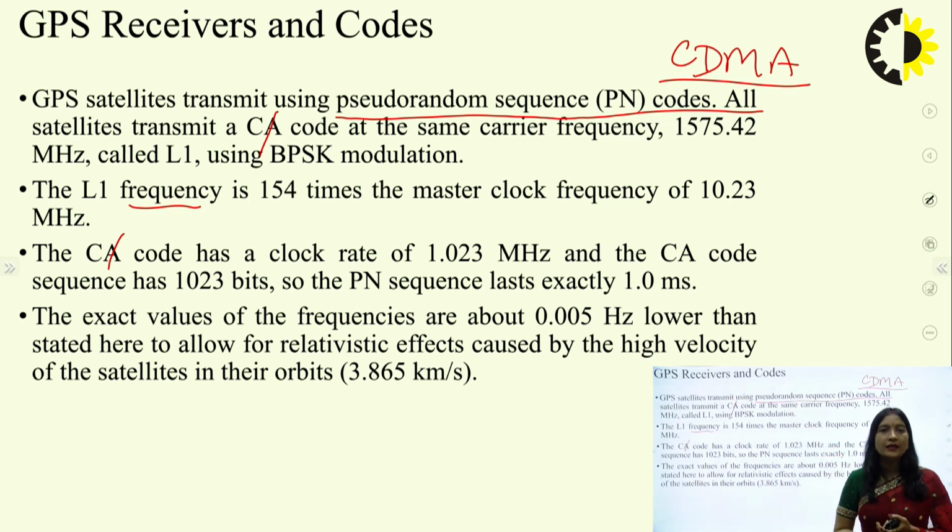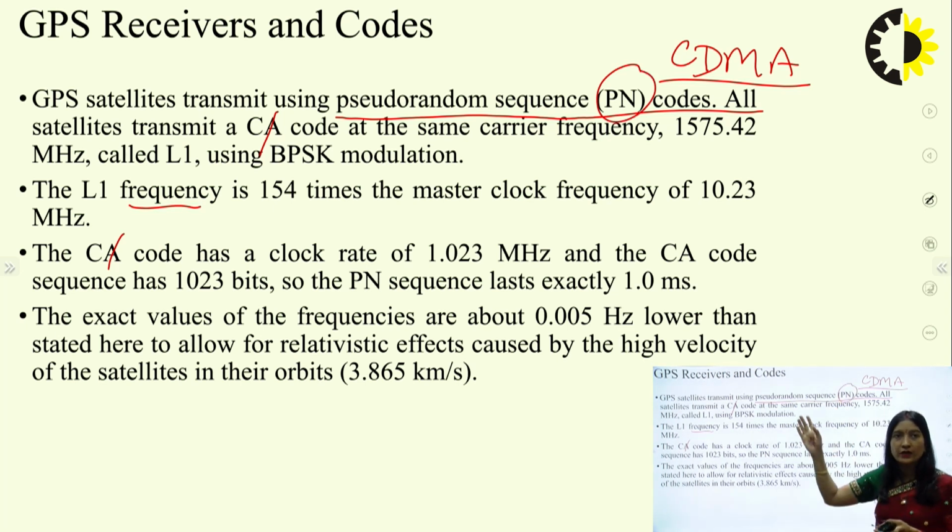Why are we using it? Because the main focus of DSSS is that it provides highly accurate information. Whatever signal we are transmitting will be multiplied with a long sequence code, which is also known as the PN code. So whatever signal the satellite is transmitting will be multiplied with the pseudo random code or PN code.